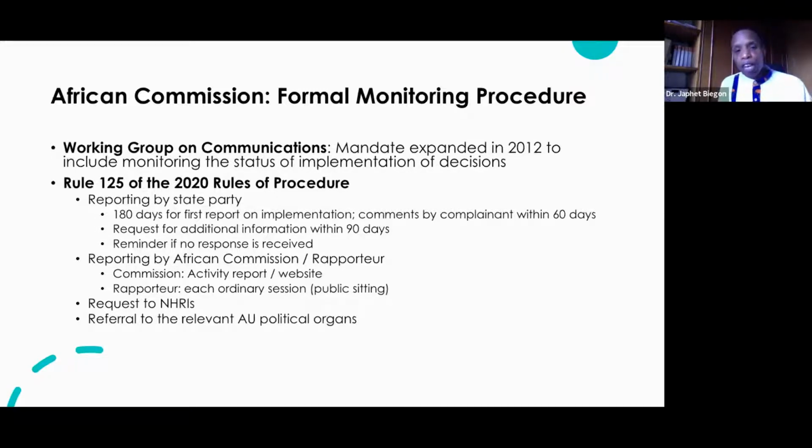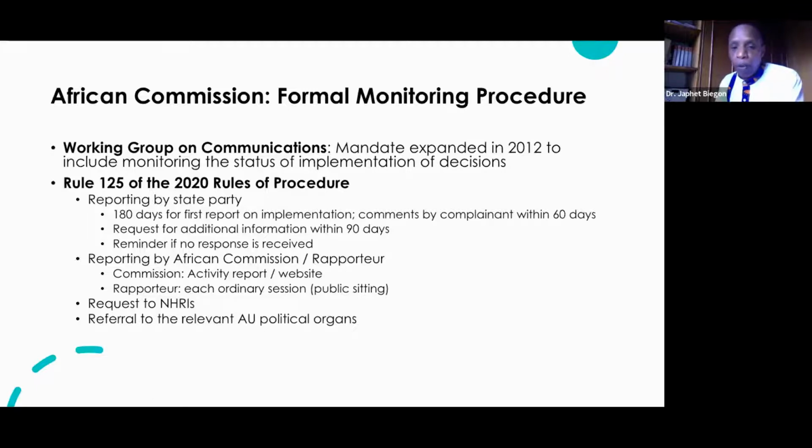Additionally, the African Commission nowadays has a section in its activity report where it indicates the extent to which certain decisions have been complied with.